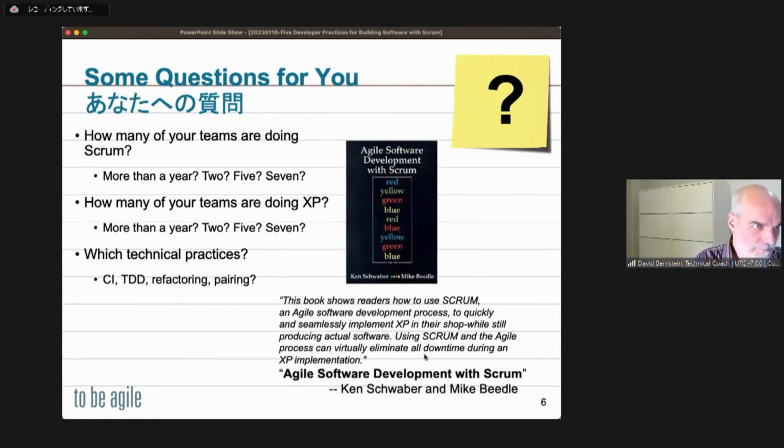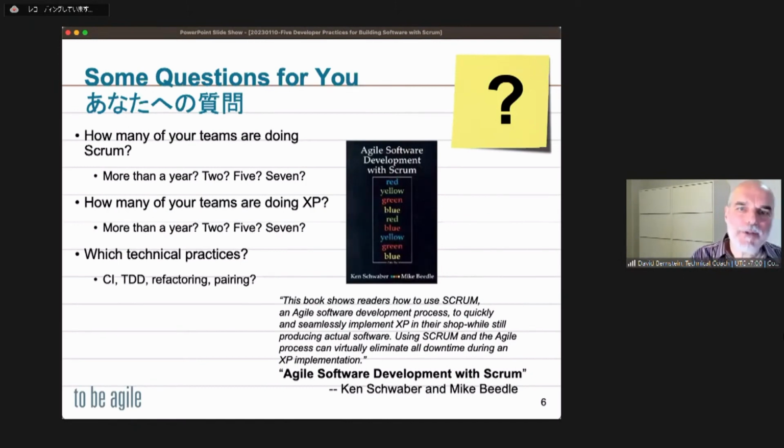It says, this book shows readers how to use Scrum, an agile software development process, to quickly and seamlessly implement XP in their shops while still producing actual software. Using Scrum and the agile process can virtually eliminate all downtime during an XP implementation.